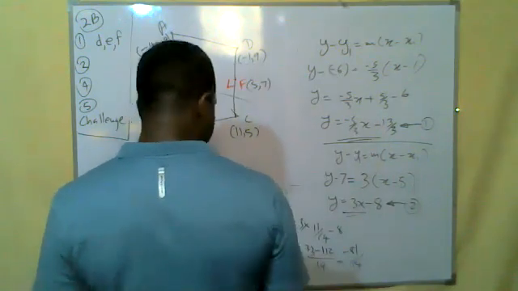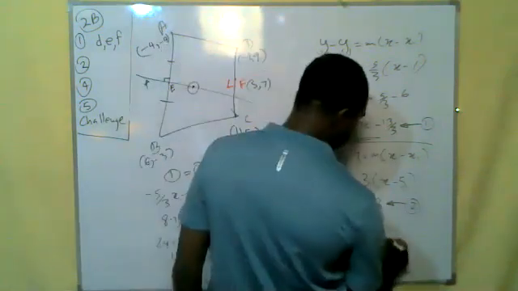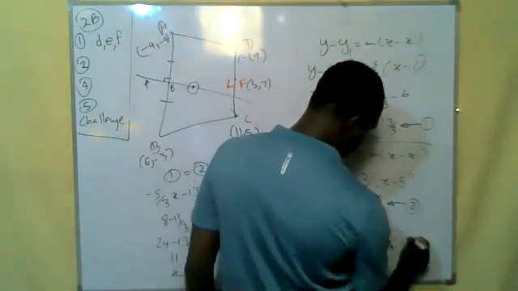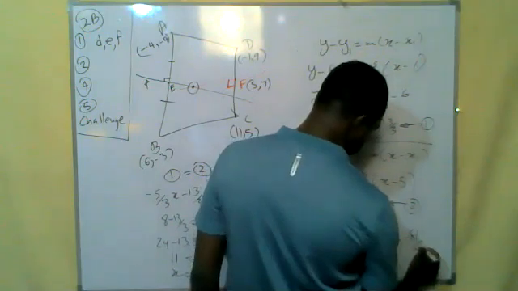So the point of intersection will be 11 over 14, comma, minus 81 over 14.